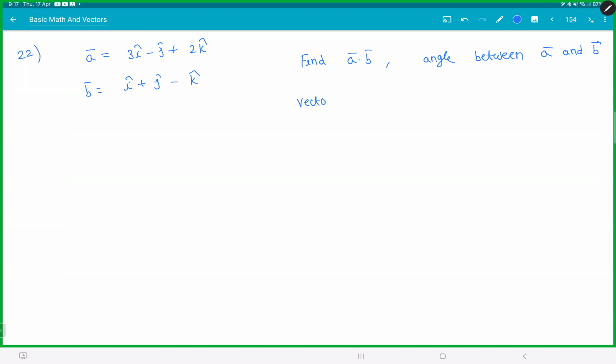Find the vector component of a bar along b bar. Find the vector component of b bar along a bar. This literally covers everything that we did. Let's start from the top. A dot b, angle, everything will fall in place.